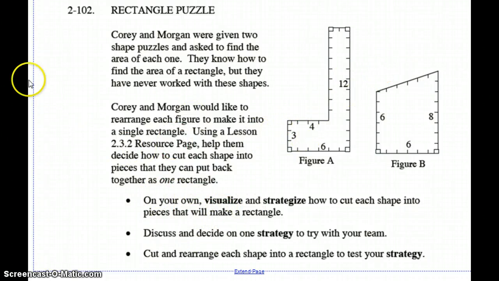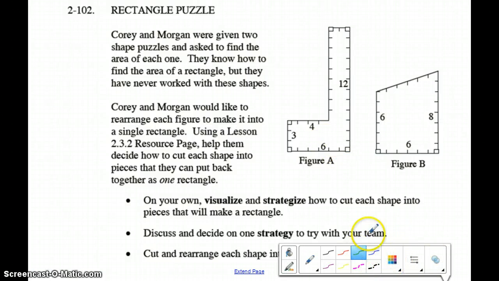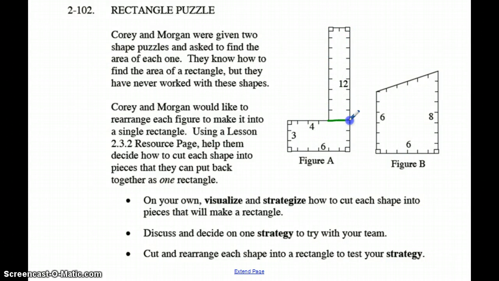The one thing that I want to talk about on this problem is basically how to decompose this area. If you were to take your pencil or pen, you can take a figure like this, and now we have rectangle A and rectangle B. If we find the area of rectangle A and the area of rectangle B and add them together, we will get the area of the whole thing.